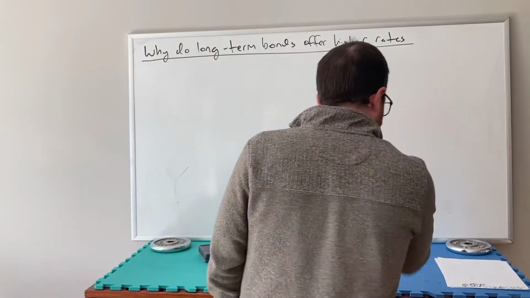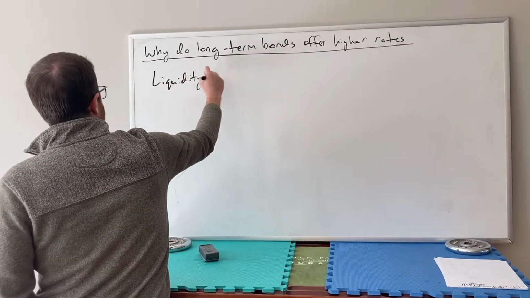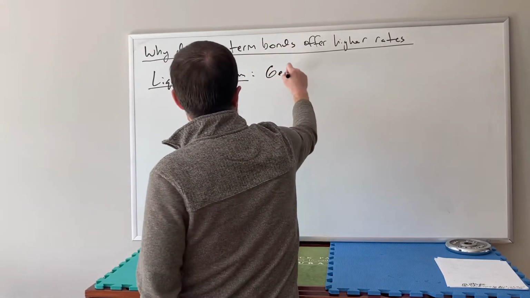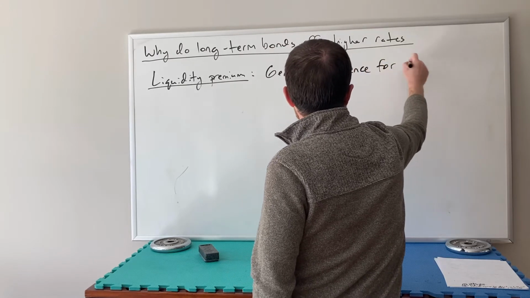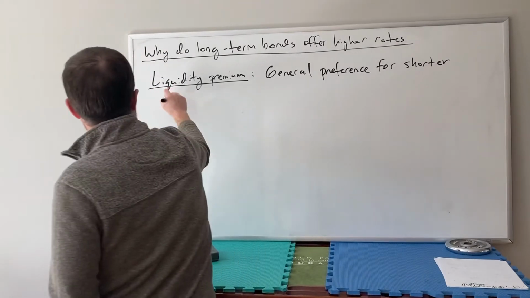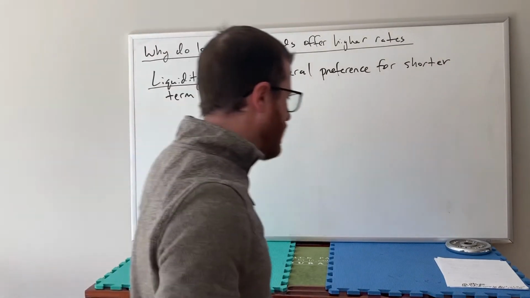In general, this preference has a name. This is called the liquidity premium, which is just the general preference for shorter term bonds. Okay, that's a liquidity premium.